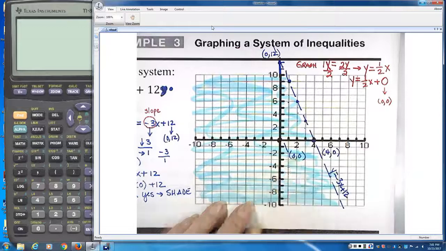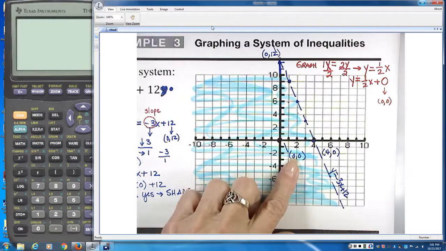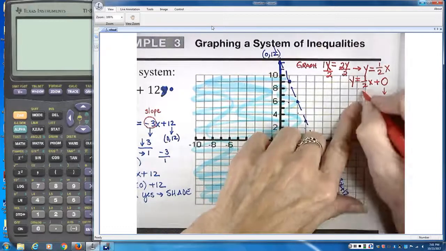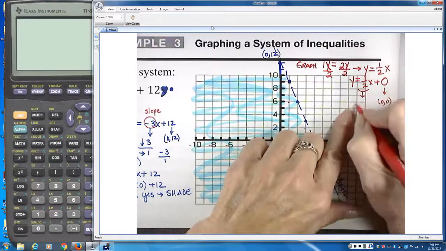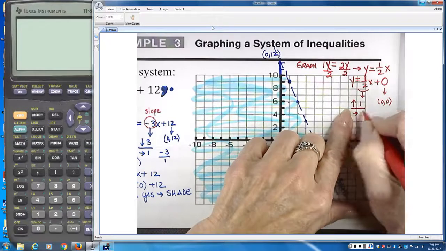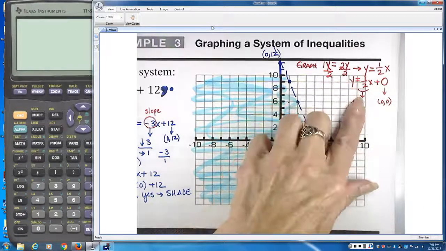Which tells me I'm not going to get to use this test point this time. And it also tells me that I can go up 1 and right 2, because my slope is 1/2.